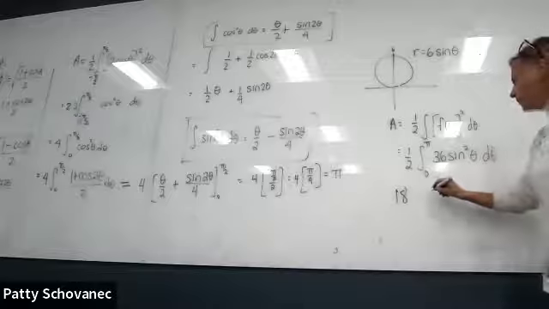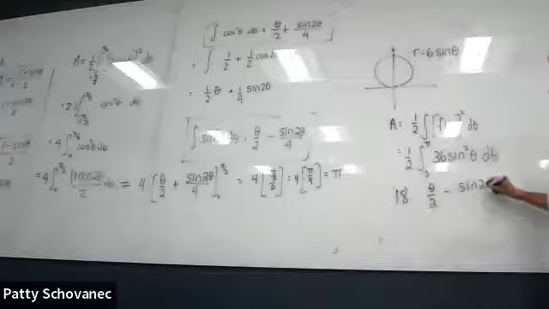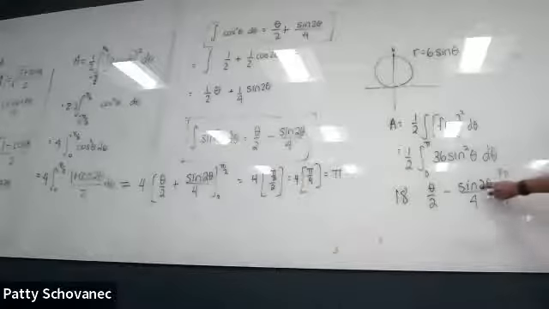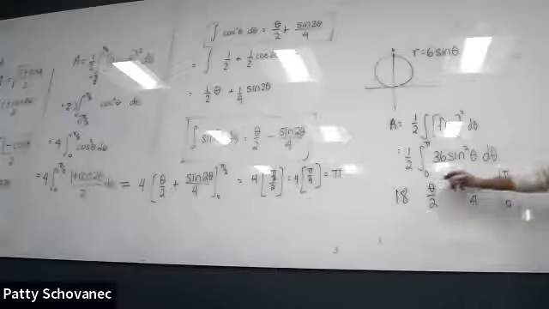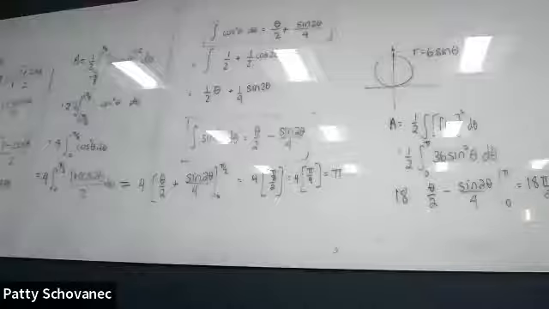Integral of sine squared is theta over 2 minus the sine of 2 theta over 4 from 0 to pi. Sine of 2 pi is 0. Sine of 0 is 0. Gone. Put a pi here, put a 0 there. I get 18 times pi halves, 9 pi. Okay. That's speed math.